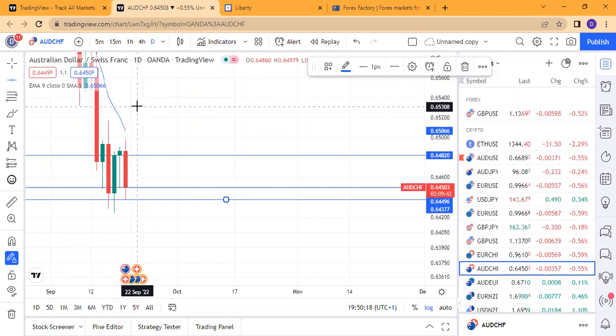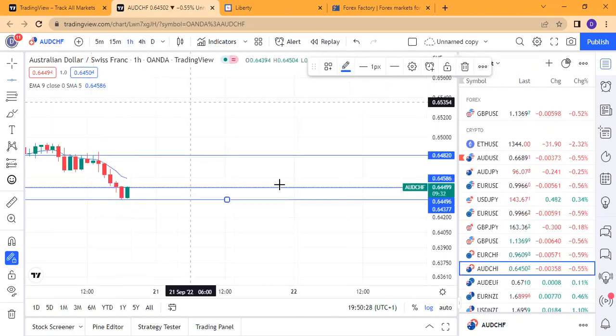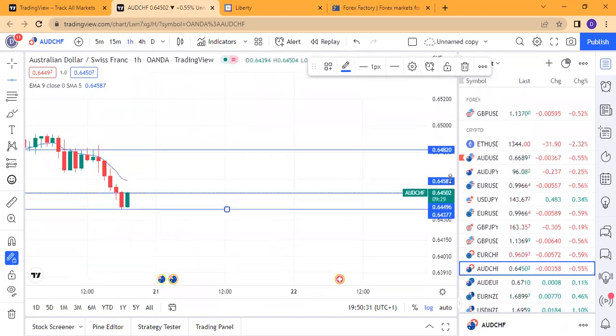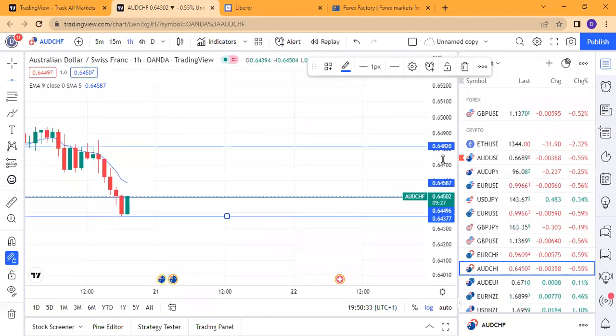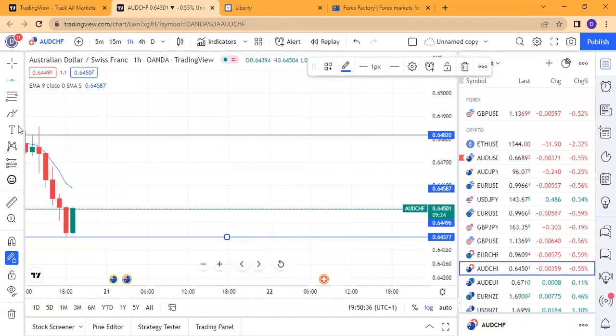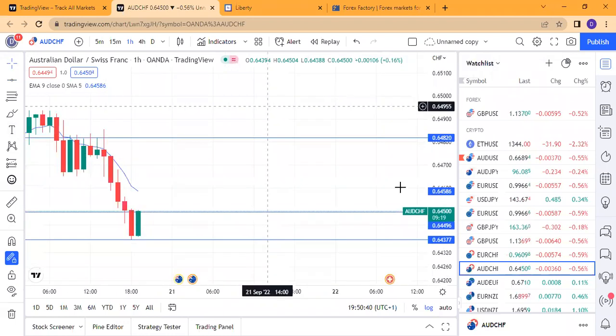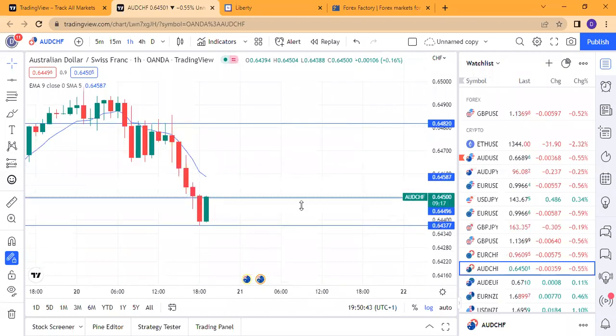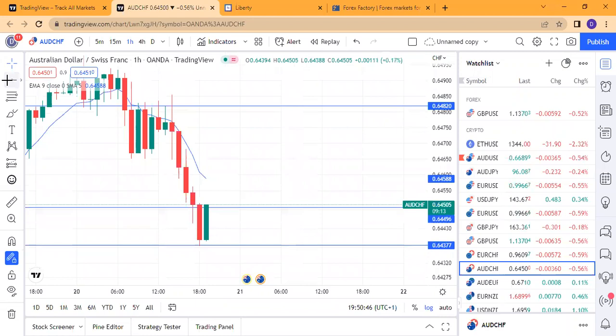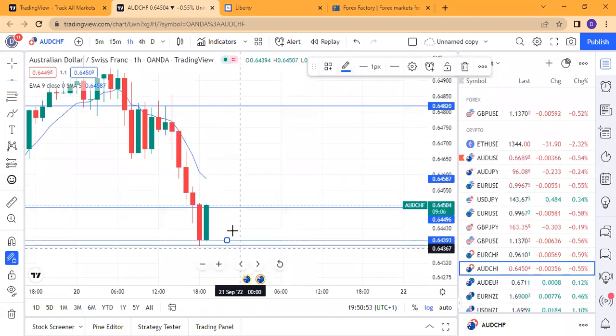The next time zone I'll do is the hourly. Now I switch my TradingView to the hourly. I'll zoom in a little so everybody can see it. This is the floor.